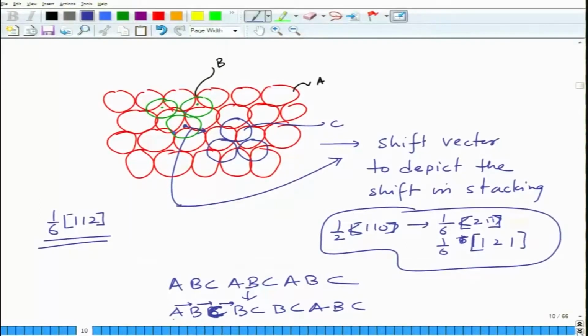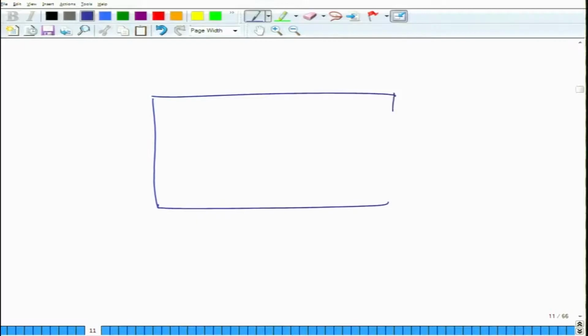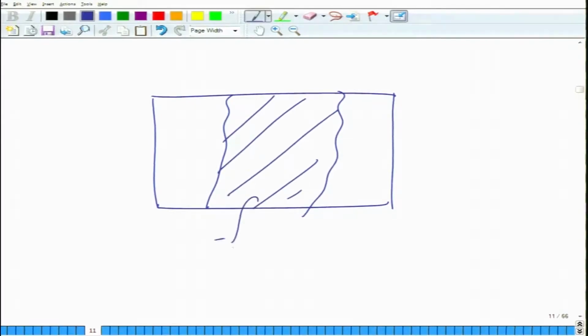So basically a stacking fault would look something like this. Within the layer you have a stacking fault somewhere. So this region is stacking fault. Faulted region.